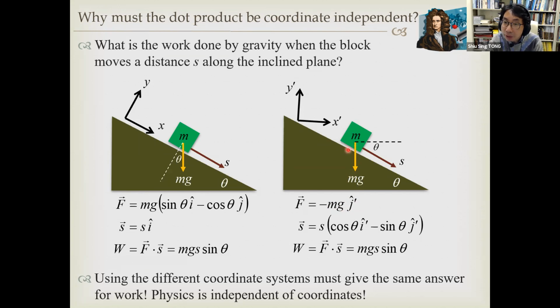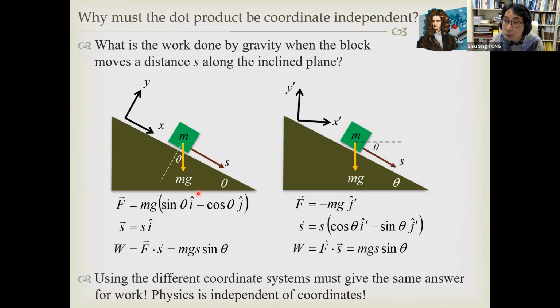Okay. But now the displacement s should be resolved into two components. The x component is s cosine theta, and the y component is minus s sine theta. But as soon as we form the dot product between the two vectors, you can see only the j components matter. The i component does not contribute. The minus signs cancel, and again it yields mg s sine theta, which is the same as this one.